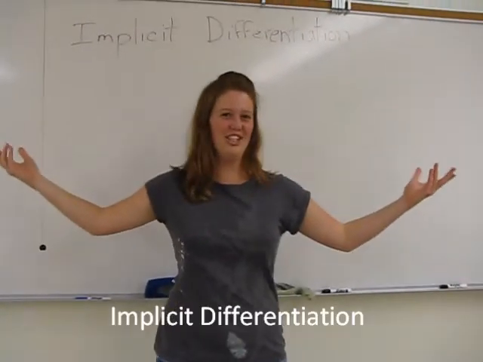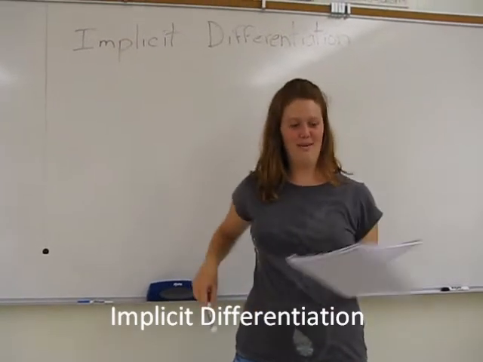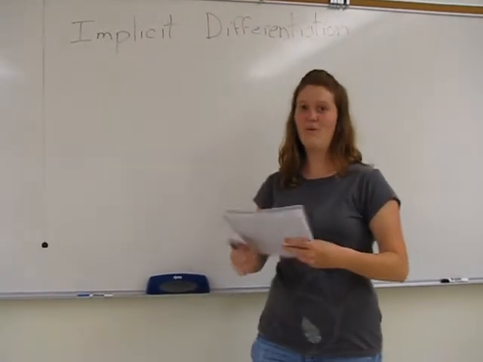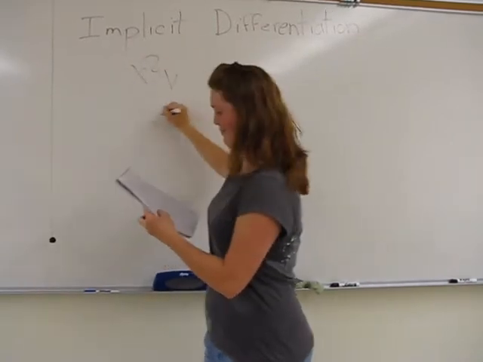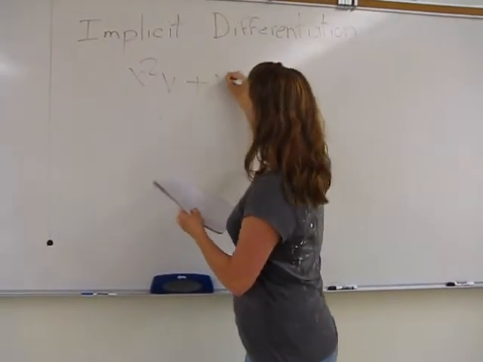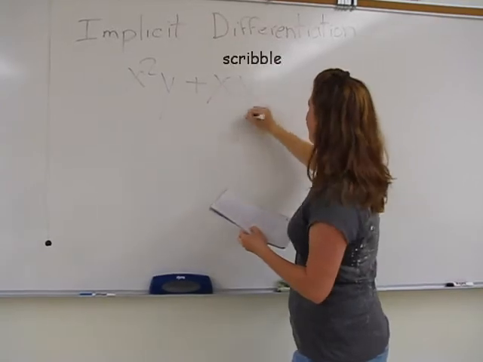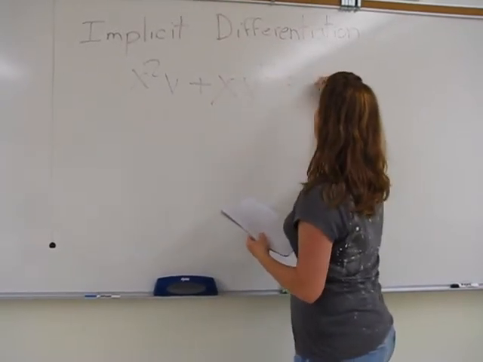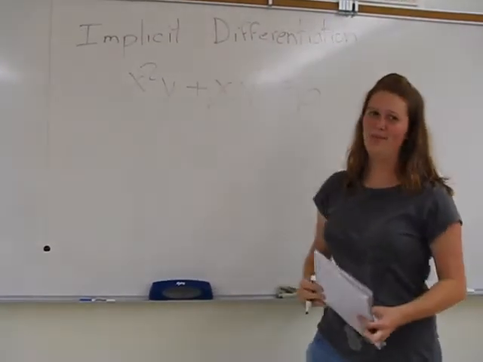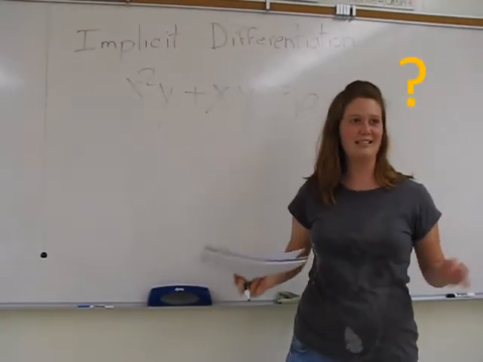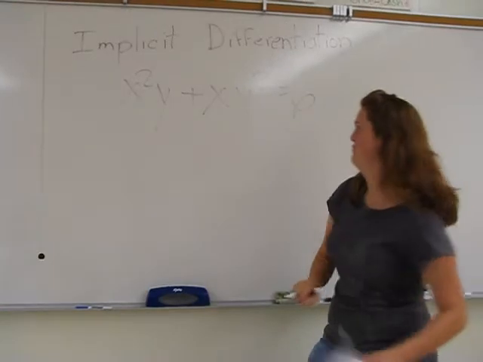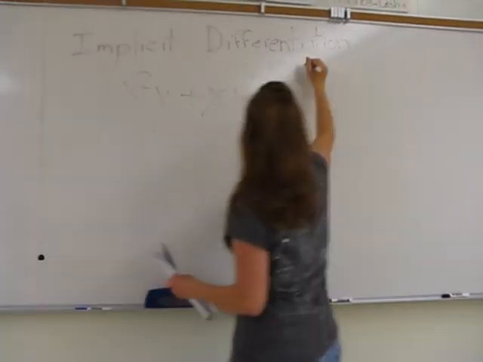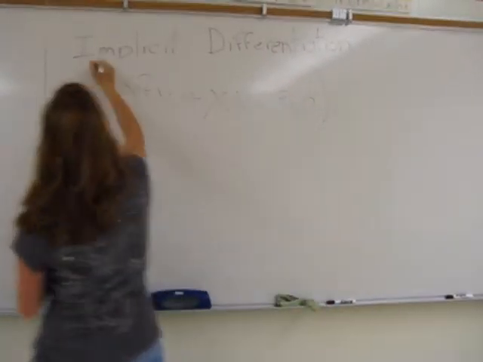Implicit differentiation. Now, for this problem, we're going to start with x squared times y plus x times y squared equals 6. You may look at this problem and think, how can I differentiate this? Implicit differentiation is your answer. So we're going to differentiate the entire equation.